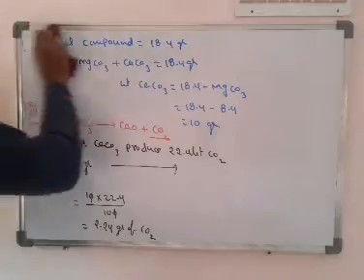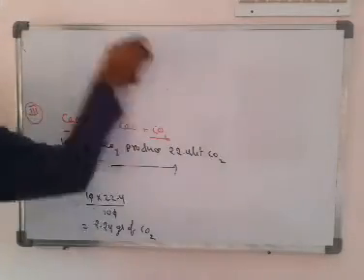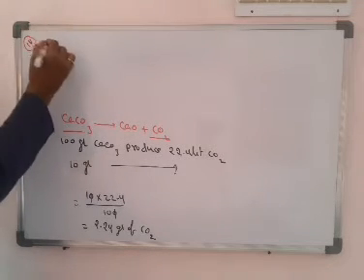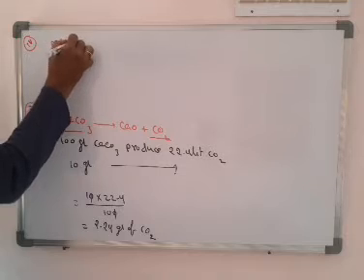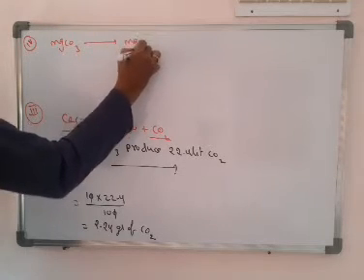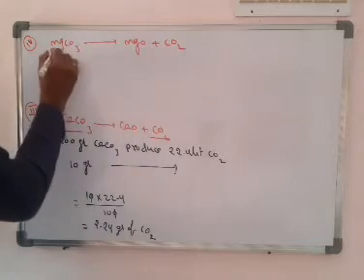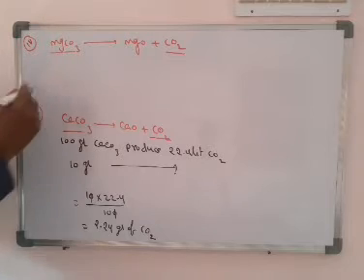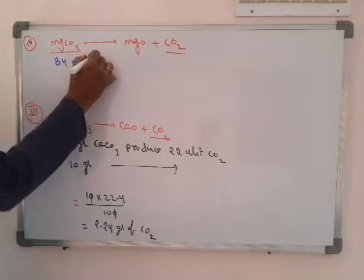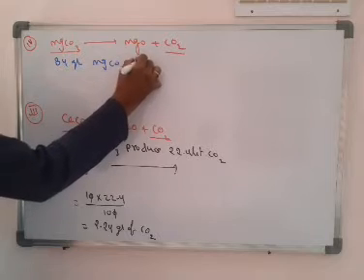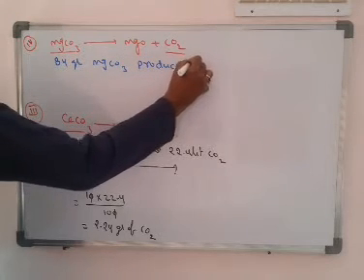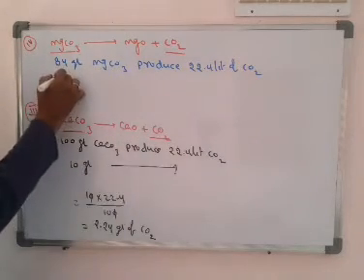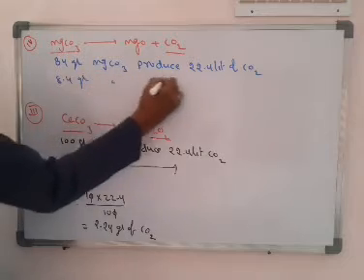Next, about MgCO3. MgCO3 also releases CO2. Just take it as step 4. Just to overcome the confusion, we are writing the steps. MgCO3 gives CO2. Here 84 grams of MgCO3 produces 22.4 liters of CO2. Here we have just 8.4 grams of MgCO3.